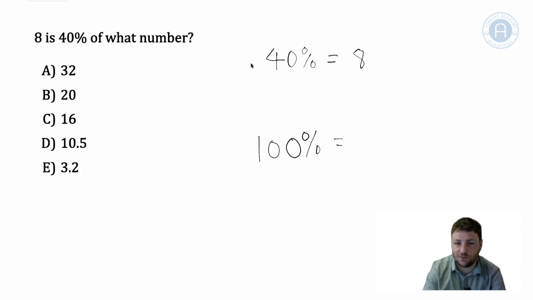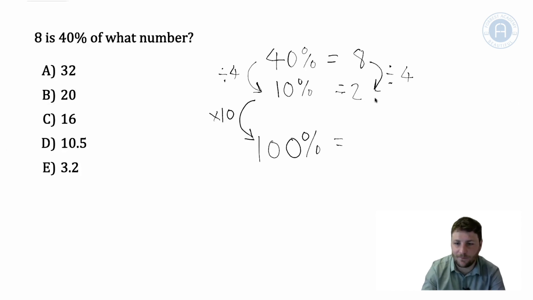So if I know that 40% is 8, if I divide by 4, I can get 10%. 8 divided by 4 is 2. And here, if I've got 10% and I want to get to 100%, I can just times by 10 to give me 20. So again, same answer using a different method.